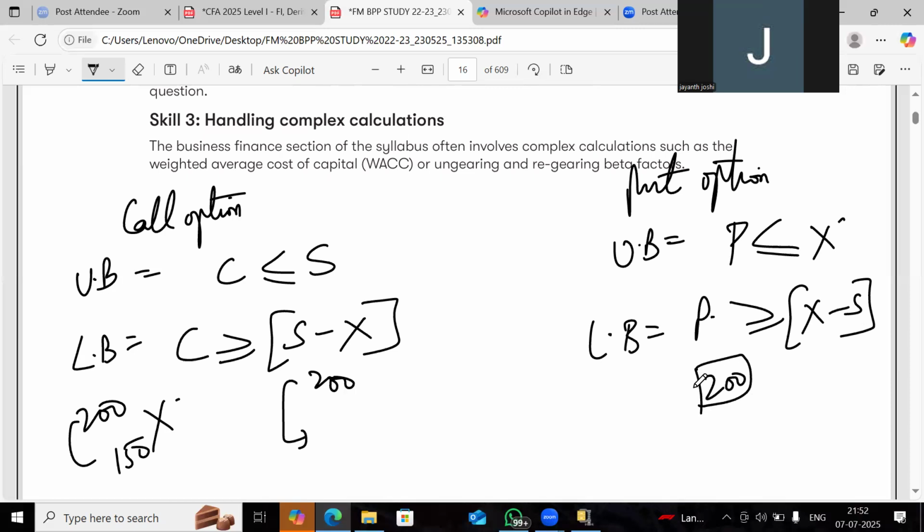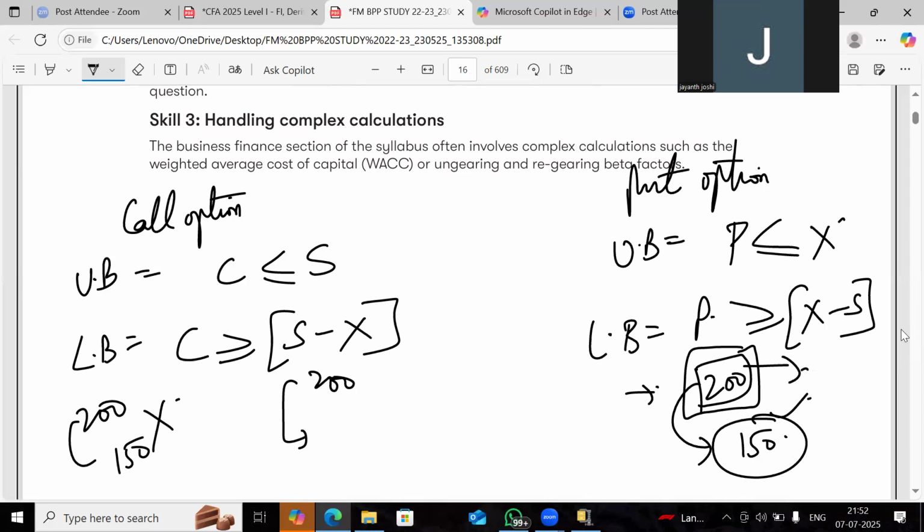No one will sell it to you at 150. This is the worthy value. No one is going to take a lesser value than the worth the option is already creating for you. If it's giving a benefit of 200 for you, why will someone sell that for 150? It is a loss-making deal for them. No one will do that.